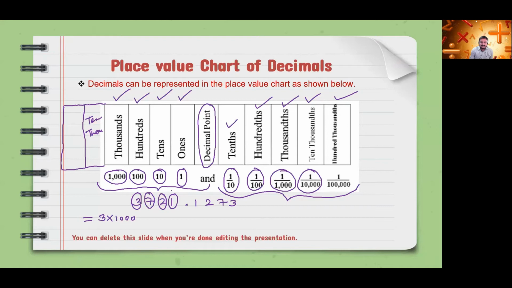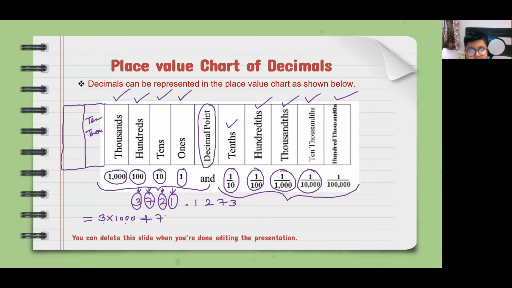Just see, this one is the ones place value, this two is the tens place value, this seven is the hundreds place value, and this three is the thousands place value. So I have multiplied this three with 1000. Next, tell me about seven. What will we get for seven?